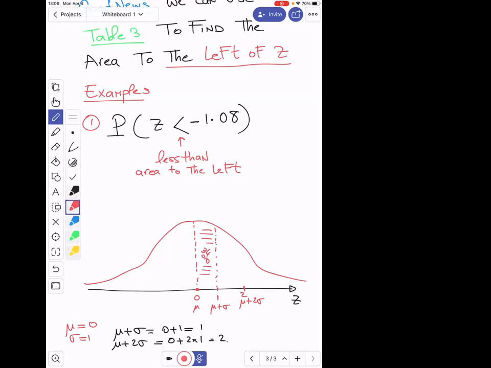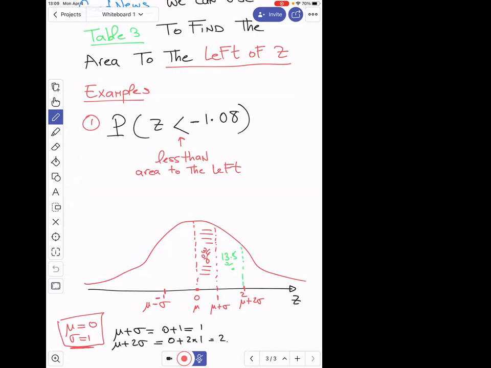Between mean plus sigma and mean plus 2 sigma, we said this is 13.5%. On the other side, we have mean minus sigma. Because it's a standard normal distribution, the mean is 0 and sigma is 1. So 0 minus 1 is -1.